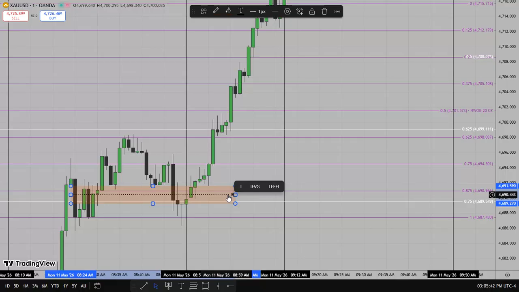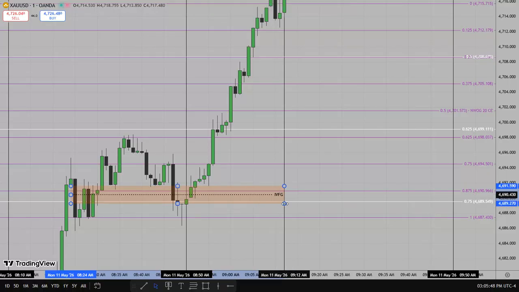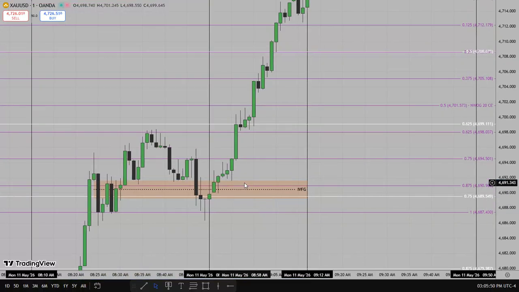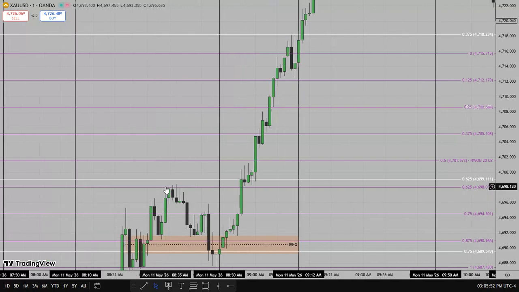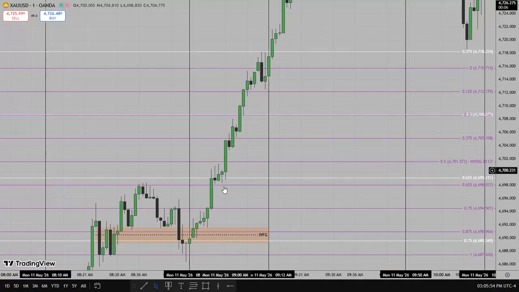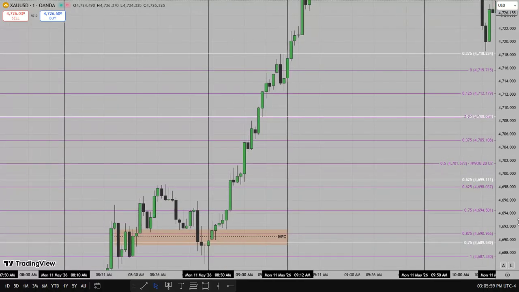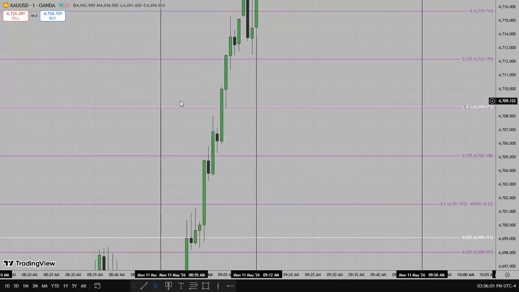Inversion fair value gap. That's my model. That's beautiful. We got that there. Broadly random. See that there? Do you see these things? Do you see that?